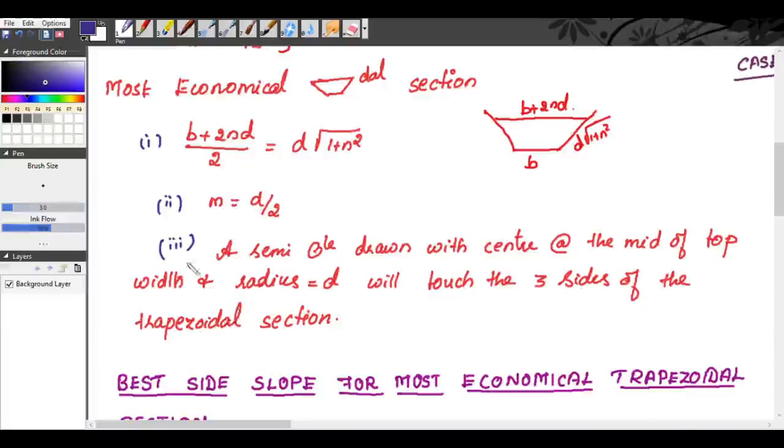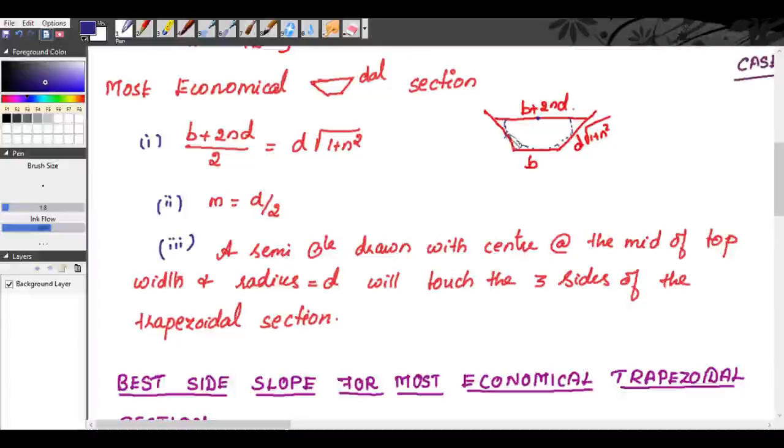And the third condition is when you draw a semicircle with the center at the mid of the top width. See, this is the top width. If you take the center of the top width as the center and draw a semicircle, this circle will meet the three sides of the trapezoidal channel.